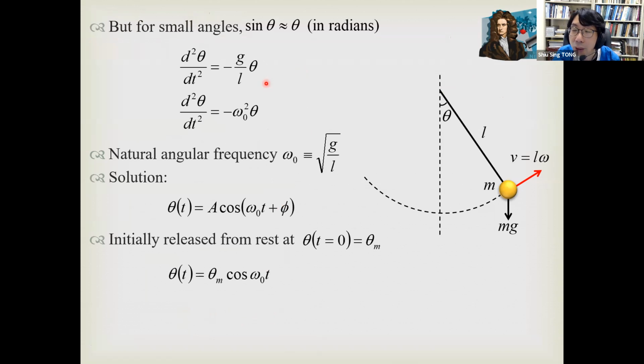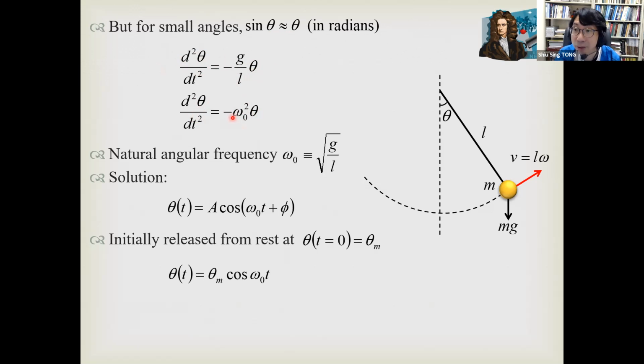What I want to do is an approximation. If theta is given in radians, then for small angle, if the amplitude of oscillation is sufficiently small, sine theta can be approximated as theta, provided that theta is given in radians. And so the equation, when I replace sine theta with theta, will become something like this. Now you immediately realize this is a simple harmonic motion because the second derivative of a quantity is equal to the quantity itself with a negative constant.